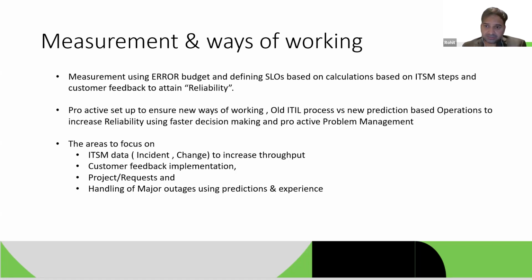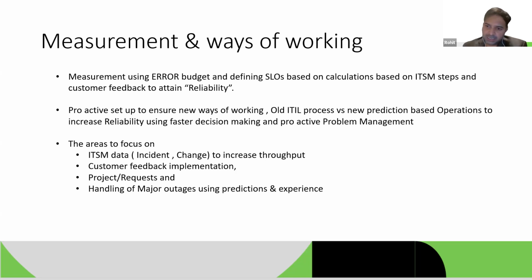That's the ITIL process versus the new prediction-based model, where there is no concept of incident management or alerting. There is no concept itself because you have predictions in place, and accurate predictions will tell you, for example, 8 hours from now, I expect the system to go down. Now, what are we supposed to do?